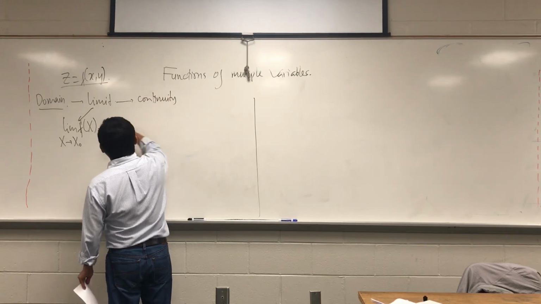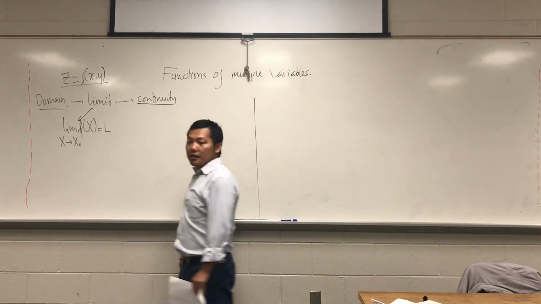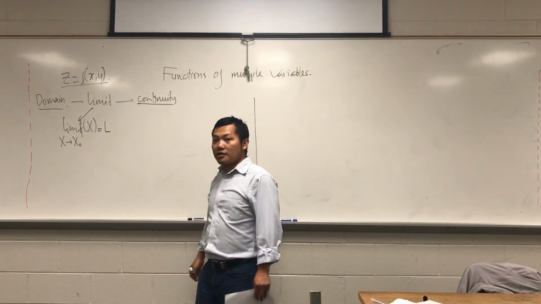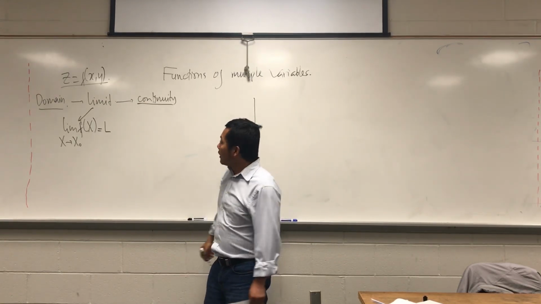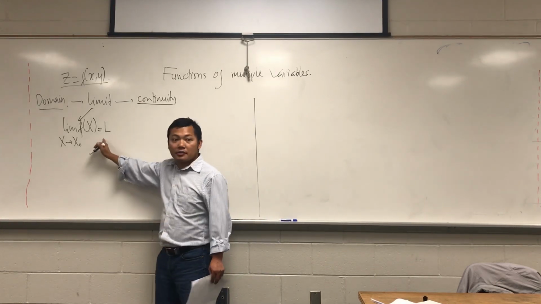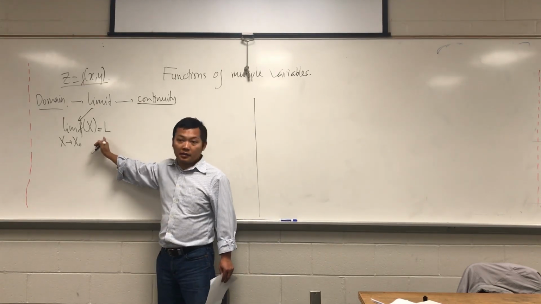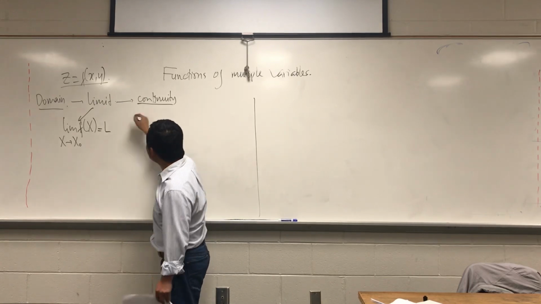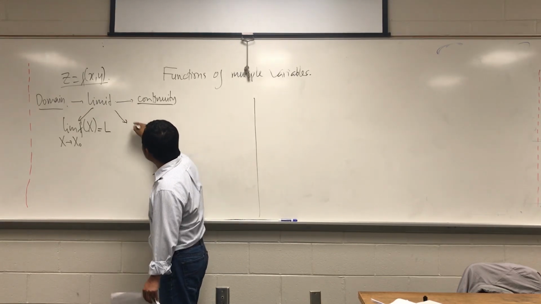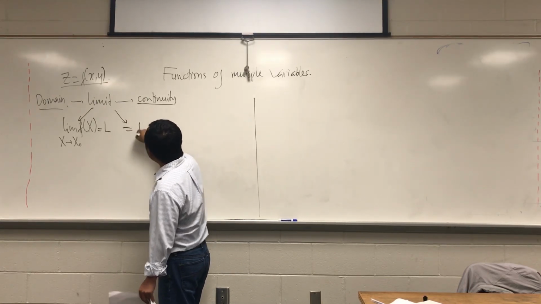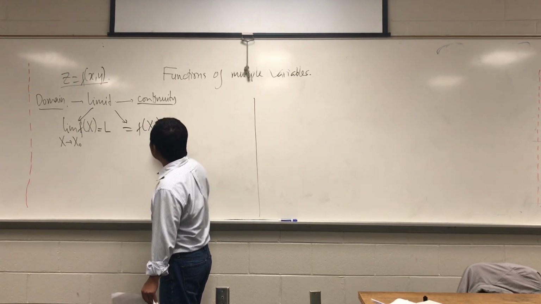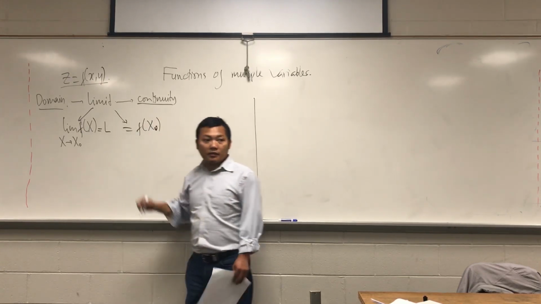And after that, we consider continuity. Like in calculus 1, the function is continuous at some point if the limit exists and is equal to the function value. So I write in short here: the limit as x goes to x0 equals f(x0). This is a point, don't forget about it.